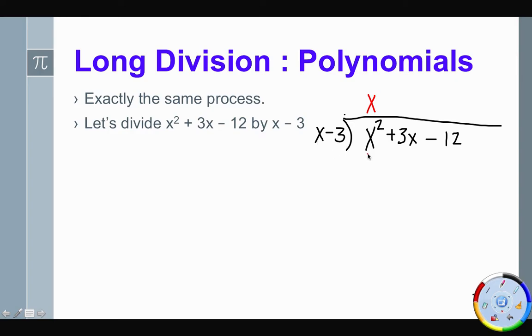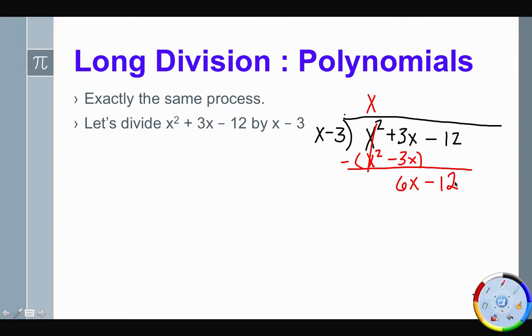So x times x is x squared, and x times minus 3 is minus 3x. We subtract. So x squared minus x squared is 0. 3x minus negative 3x is 6x. And then we drop the last piece.